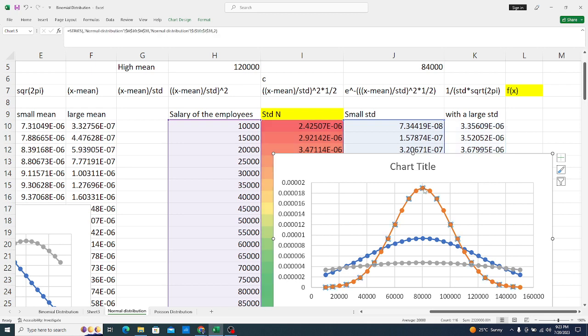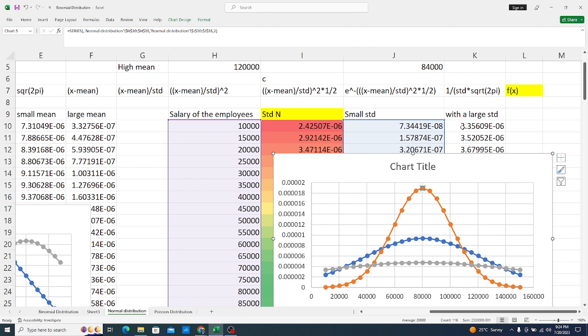So this one, when we have a small standard deviation, we'll definitely have a high peak of our normal distribution, and thinner tails. You can see the peak is high, and the tails are becoming thin.